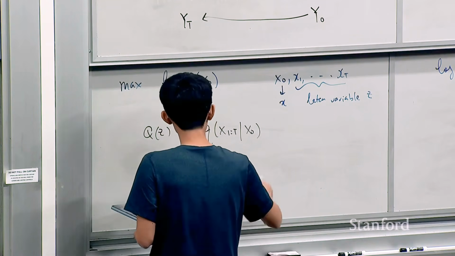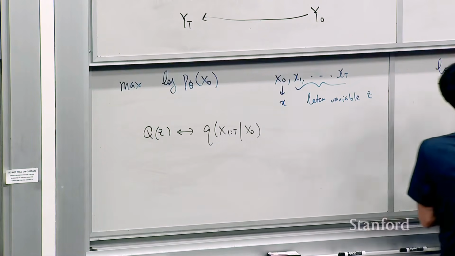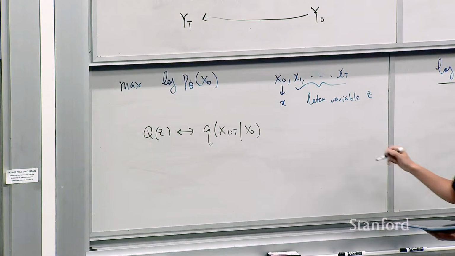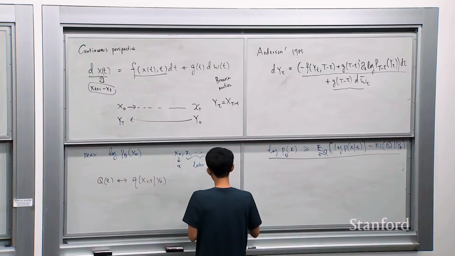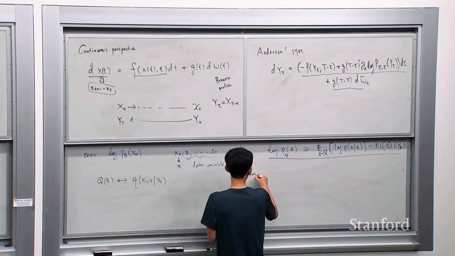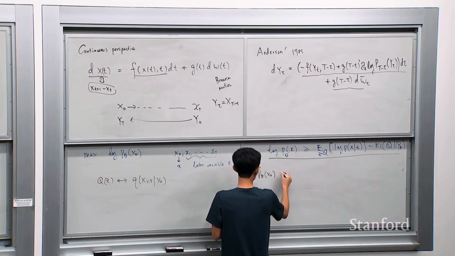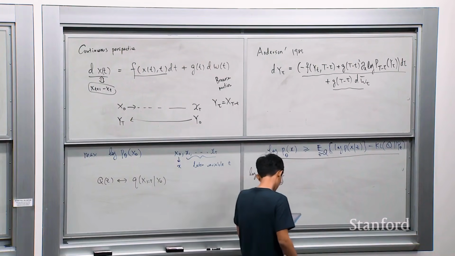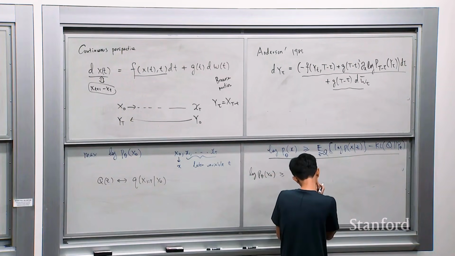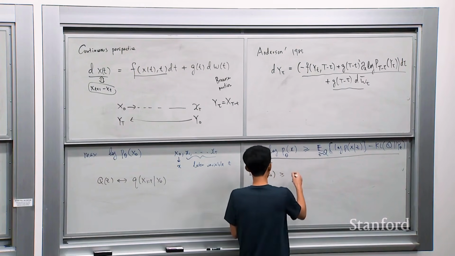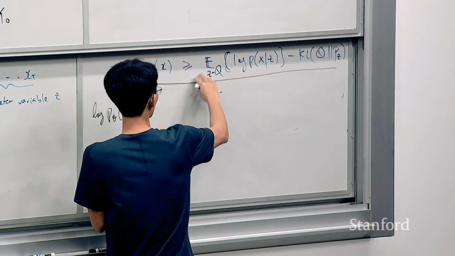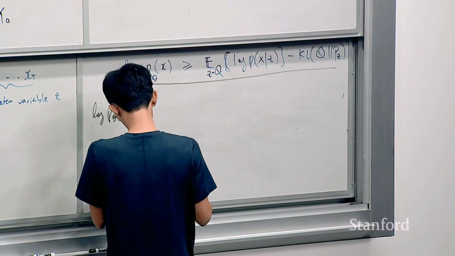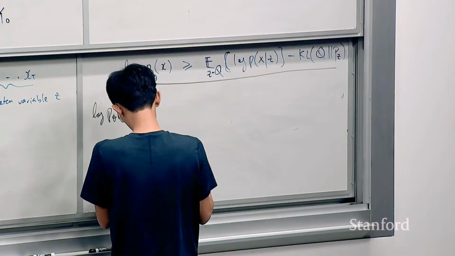Okay, so now let's try to apply this correspondence to our log p theta of x0. So for us, log p theta of x0 is bigger than, depending on how much detail you want to see, but for the first step, we can probably just directly apply this, if you believe it, and this is in the lecture notes.